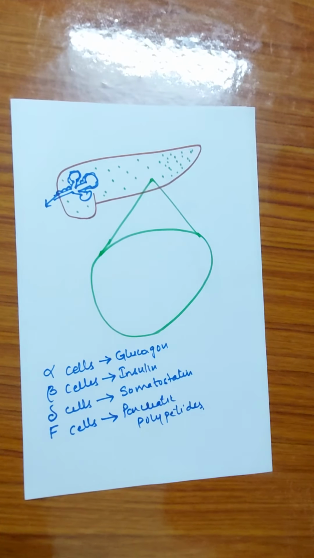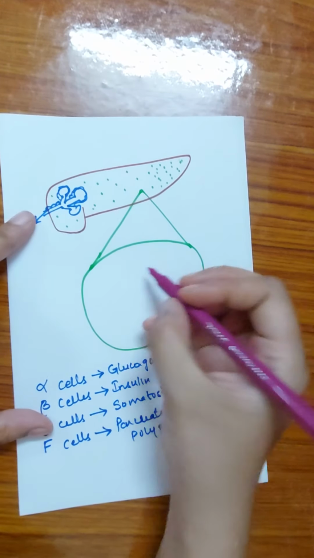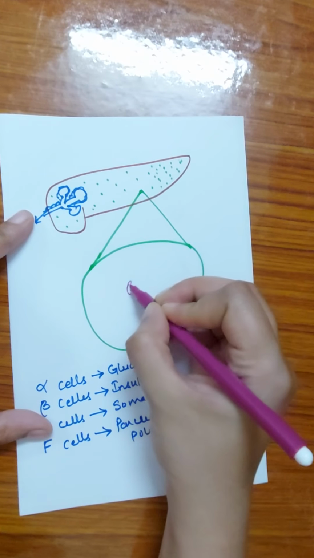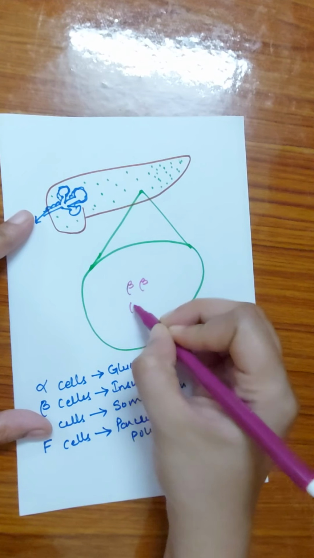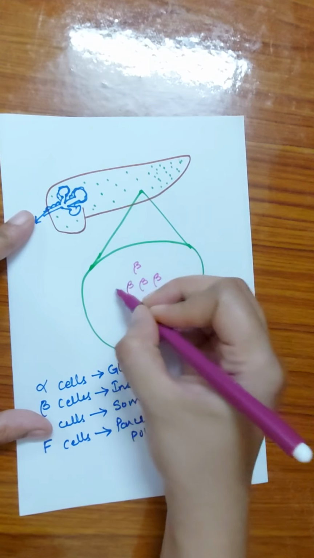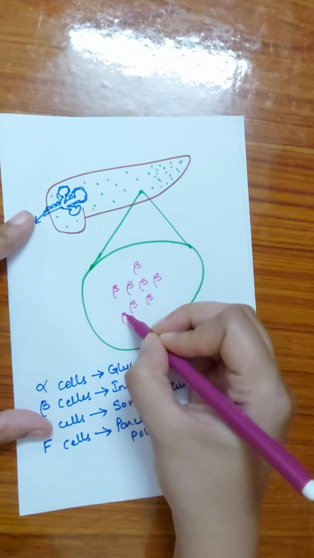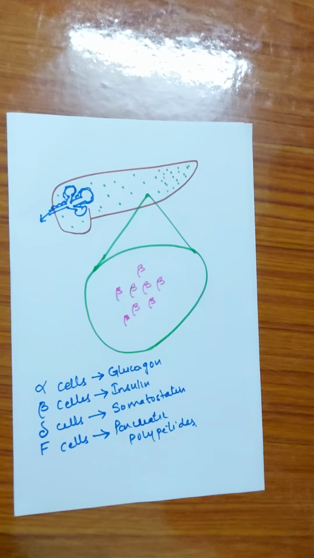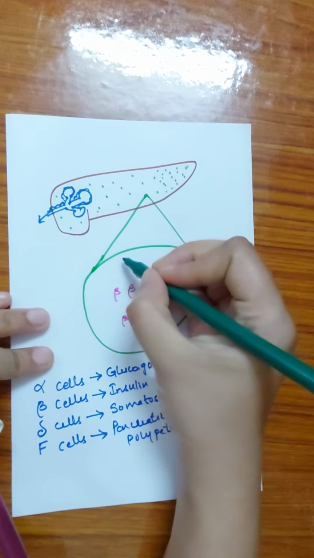Now if you want to see the location of these cells in the pancreatic islets, these beta cells are mainly located at the core of the islets, at the center. Whereas on the periphery are the alpha cells.